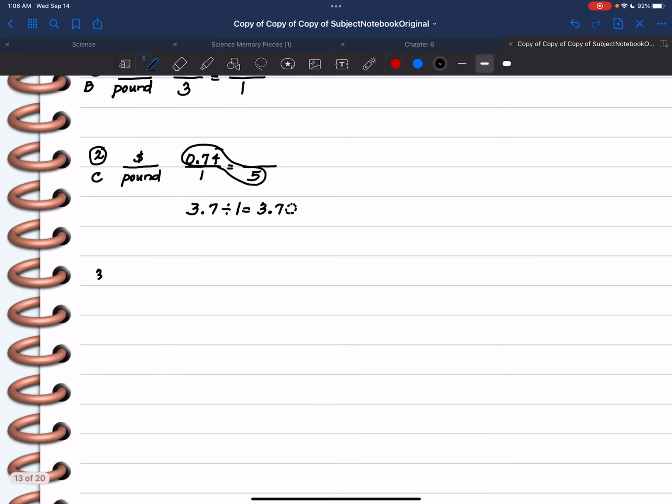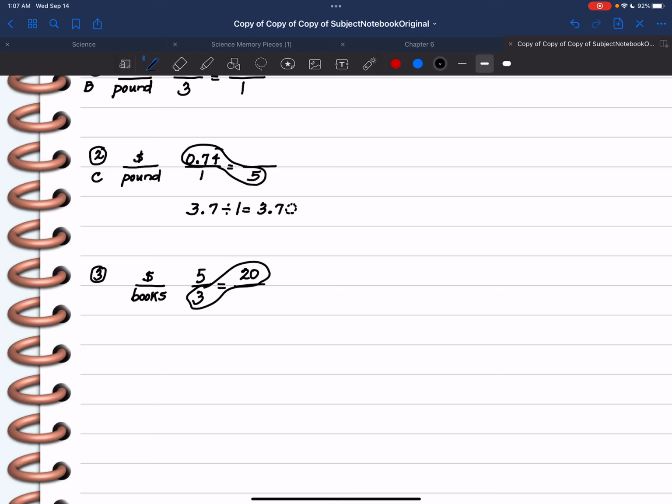Number 3. Aaliyah has $20. She can buy 3 books for $5 at a bookstore. How many books can she buy with her $20? So in this one, we're comparing dollars to books. She gets 3 books for $5, and she has $20 to spend.